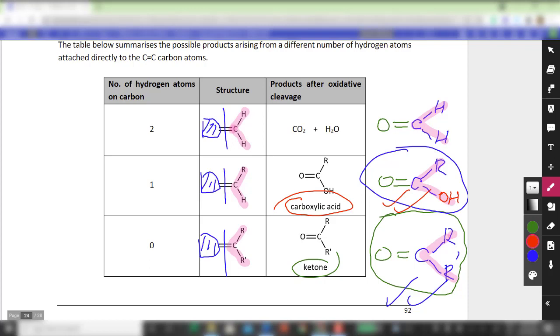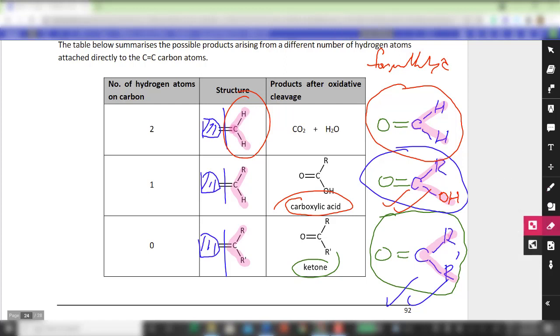And then after that, you'll be wondering, how come terminal alkenes, which is the one with CH2, gives me a different product? Well, you need to look at this particular compound. This is actually a special aldehyde known as formaldehyde, which contains two activated CH bonds.